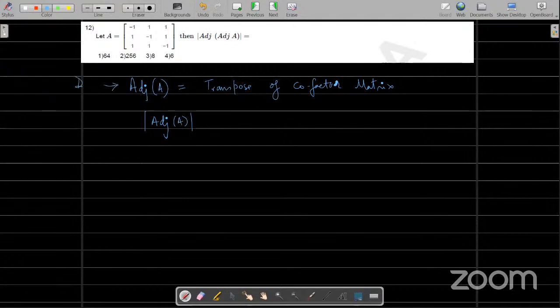That's one part. But what is the determinant of adjoint of A? It turns out that there is a theorem that tells you this: it is determinant of A to the power of n minus 1 for an n by n matrix. Okay, so that's the theorem.